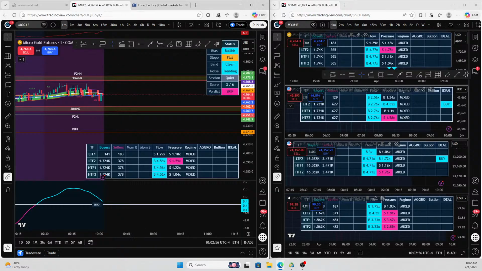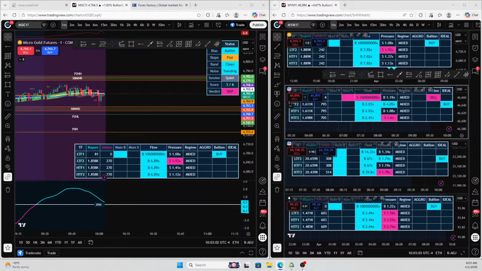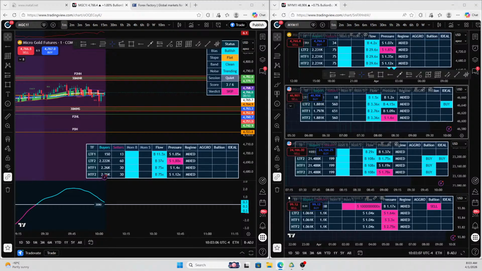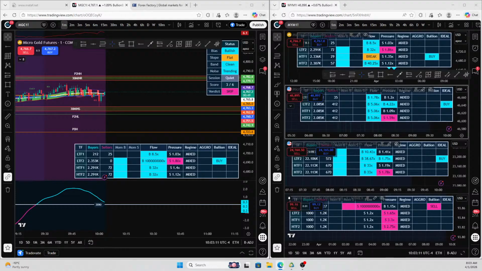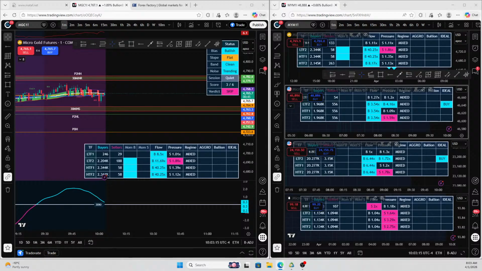Just waiting. If the volume picks up and we have the breaks of the 2-hour high and the 30-minute support, 30-minute resistance, price starts breaking out, then we will potentially look into taking any trade setups.